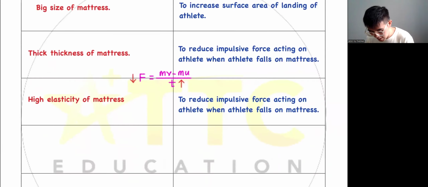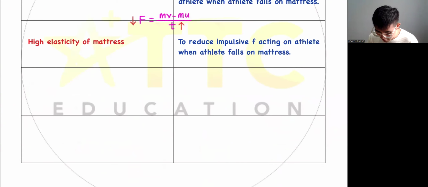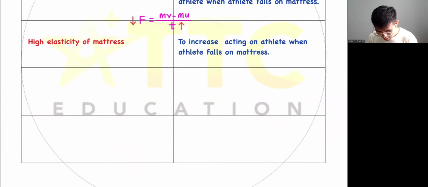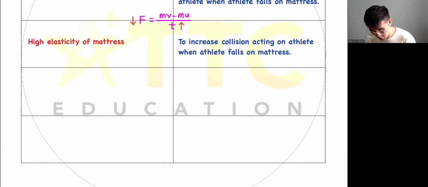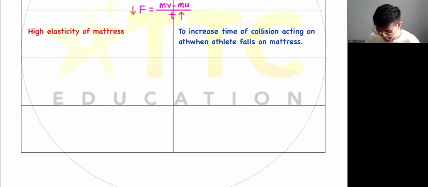So instead of saying reduce impulsive force, if your school teacher says you cannot write the same explanation, you can say to increase the collision time. It's called the time of collision when the athlete falls onto the mattress.